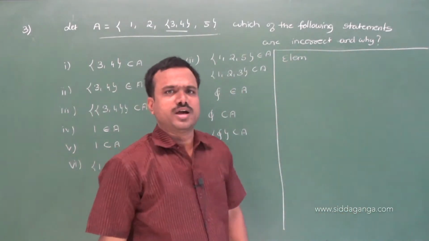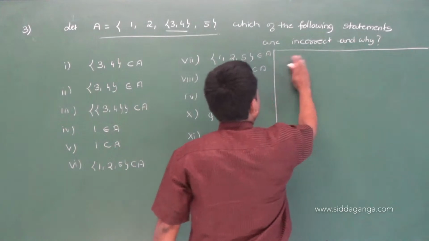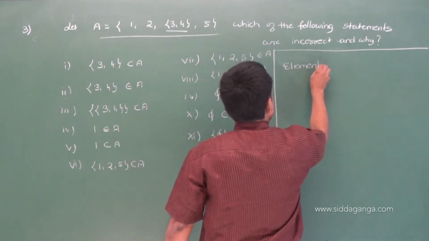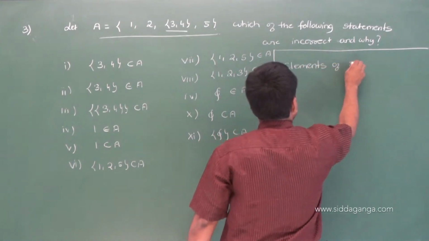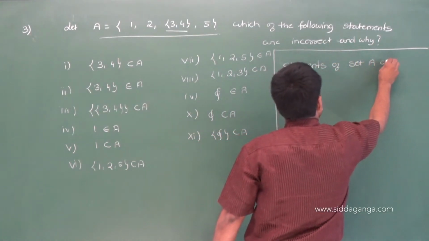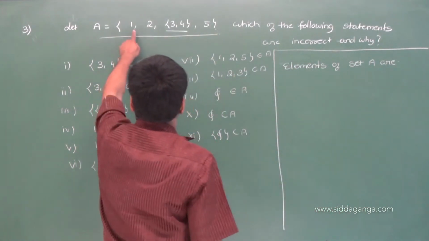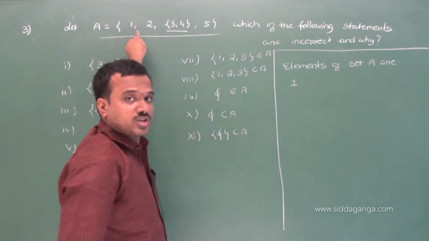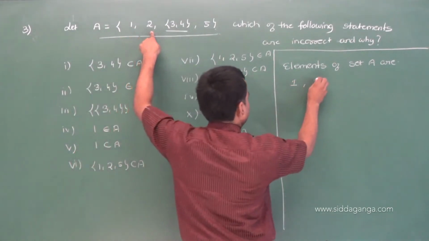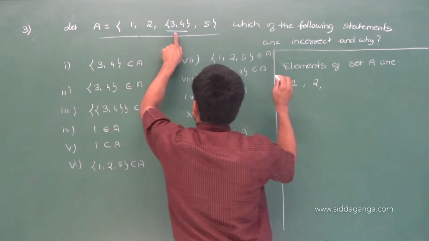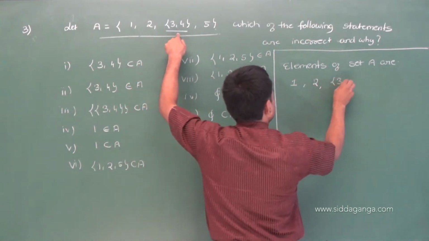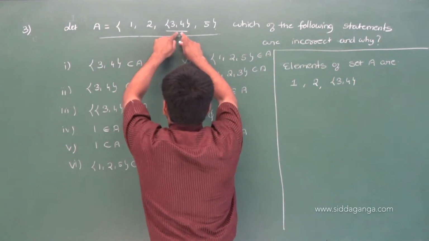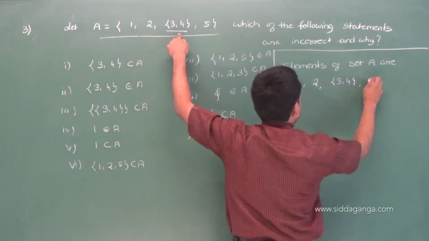The elements of set A are 1, this is also an element, 2, and this whole pair of curly brackets {3, 4} is also an element because it is present in the given set A, and 5.